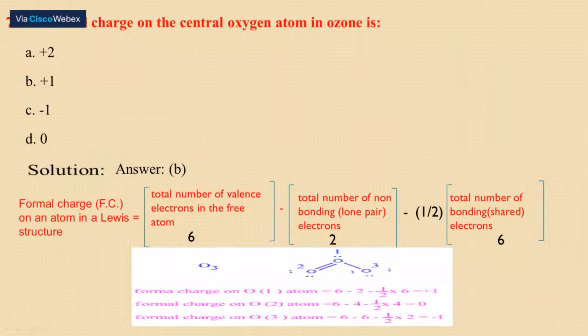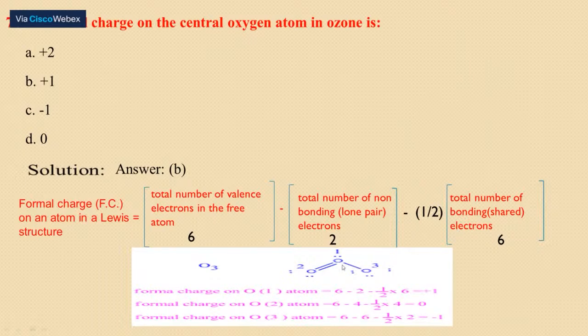The formal charge present on any atom in a polyatomic ion or a molecule is given by the total number of valence electrons in the free atom, minus the total number of non-bonding or lone pair electrons, minus 1/2 of the total number of bonding or shared electrons.